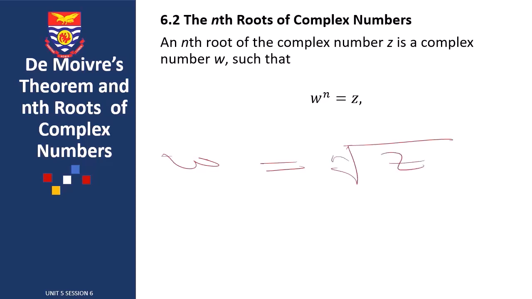So in that instance, you're saying that you'll find the nth root of the complex number z. The derivation of this nth root formula is very simple in your course material, so I leave that one for you to check and find how the formula is derived.